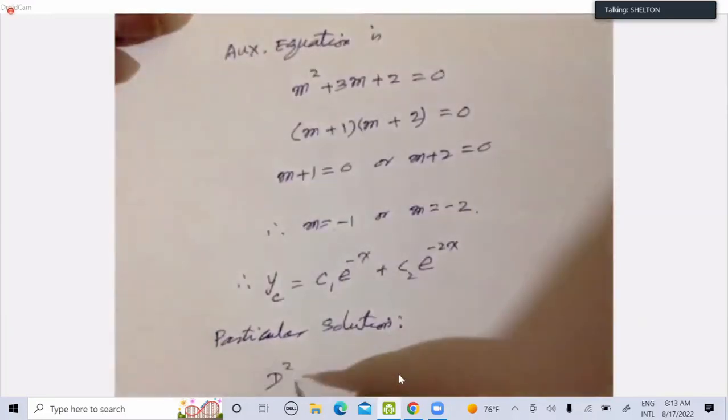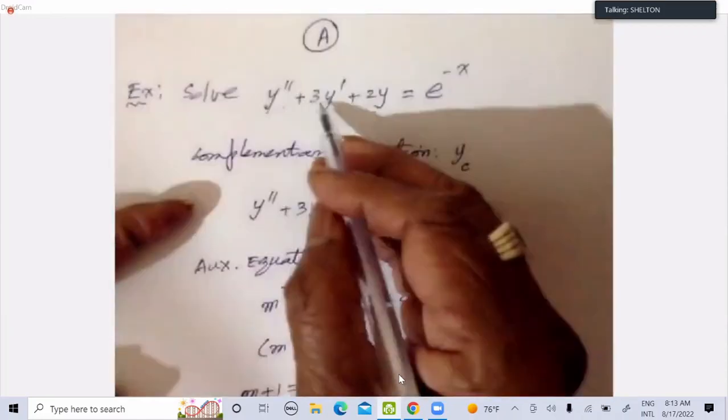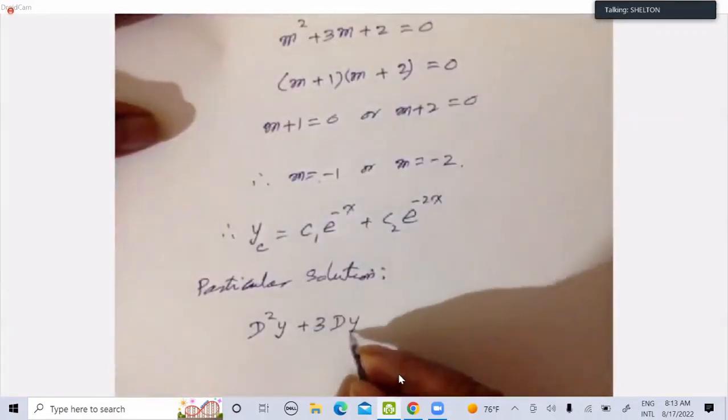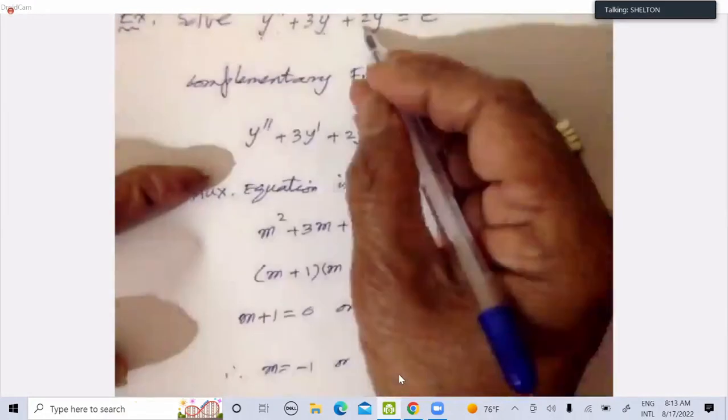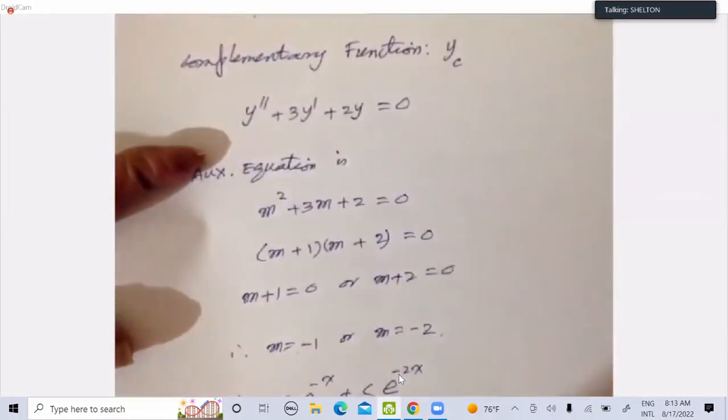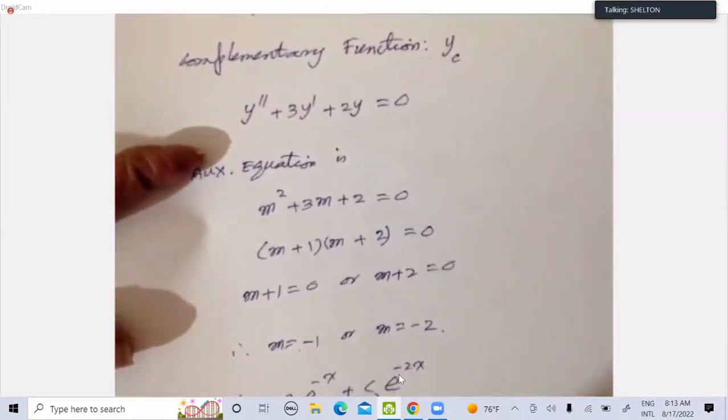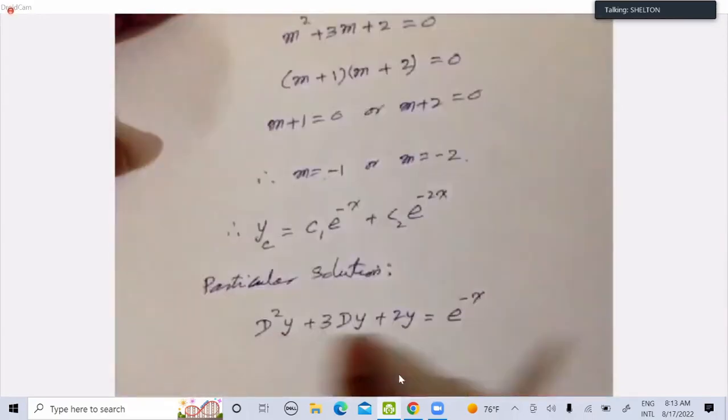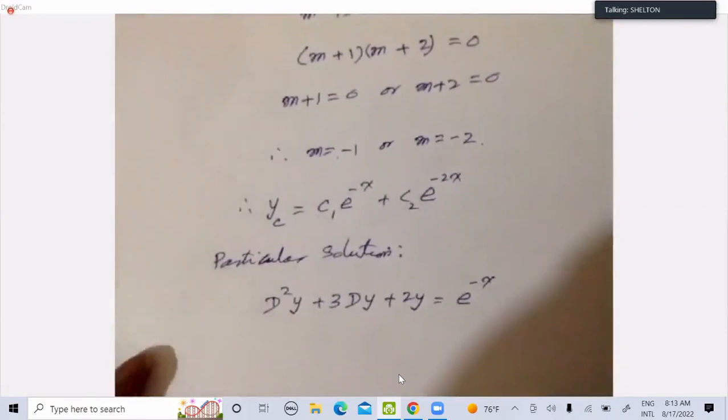What is y double dash? Y double dash is d2y, plus 3y dash is 3 times dy, where D is d over dx, plus 2y equals e to the minus x. That is the given equation using the D operator.